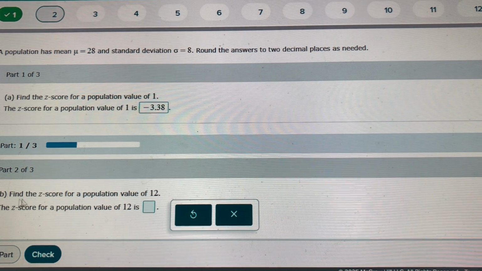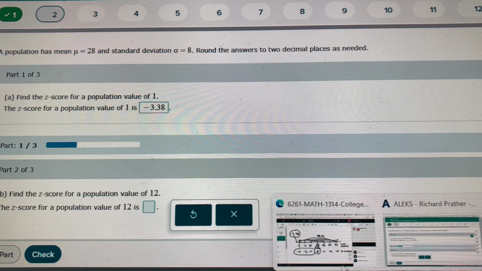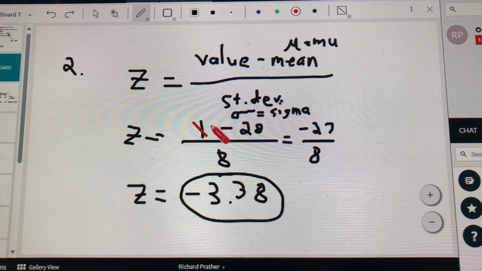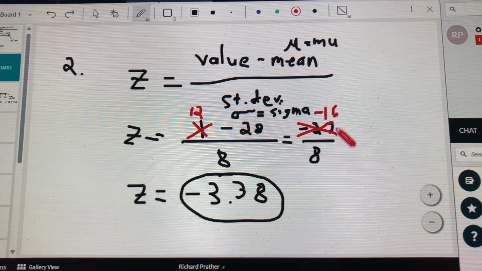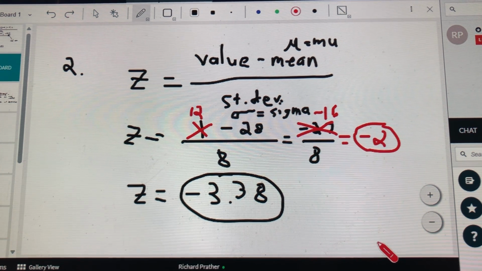Now, here's somebody else who got a score of 12. So how do they compare to their peer? Then you redo this calculation with 12 now. So if I put a 12 here instead of a 1, 12 minus 28 is -16, and -16 divided by 8 is -2 exactly. So this second person has a -2 z-score.